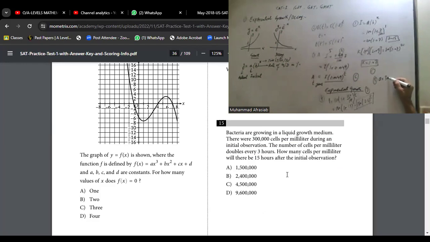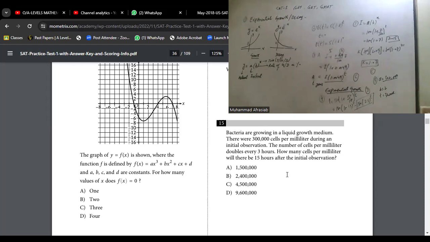The number of cells doubles, so the rate is 2, so if we use this equation, b is equal to 2 after every 3 hours.